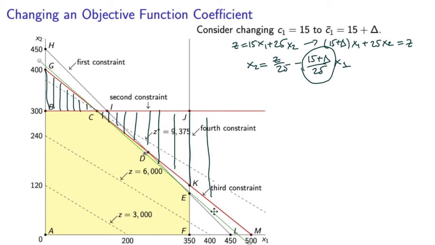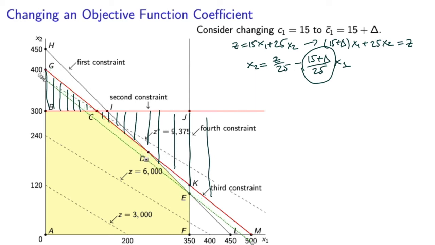So we see that there is some space to move around the point D, and if we move the isoprofit line a little higher, then it no longer passes through C, but it still passes through D, and clearly the point D is the optimal solution now. So in this case we changed the slope a little too much for the point C to remain optimal.